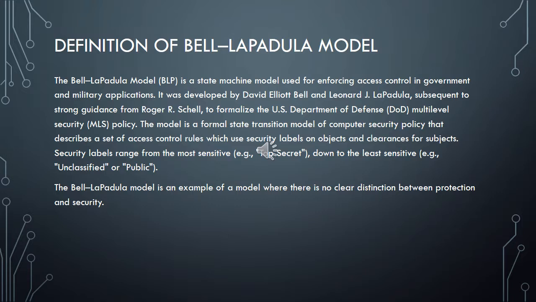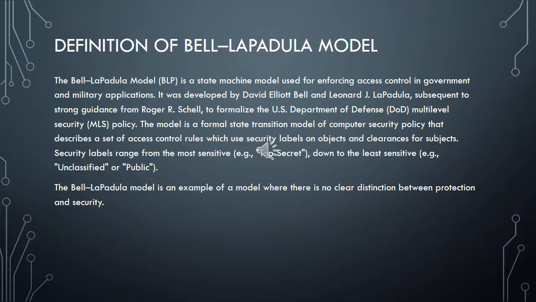The model is a formal state transition model of computing security policy that describes a set of access control rules which use security labels on objects and clearance for subjects.